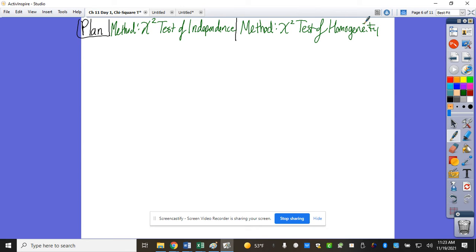But that's essentially the only difference between the two, and it all has to do with how you gathered your information. So if I took one sample from one population and recorded both variables, then it is chi-squared test of independence. My other way, which we'll talk about in a second, is going to be the other one.